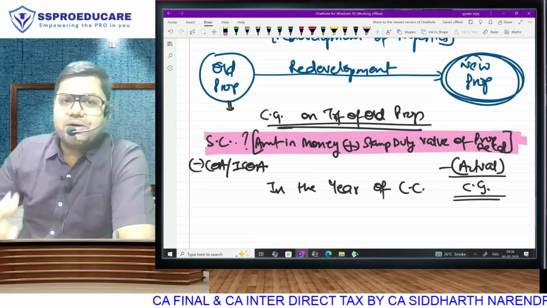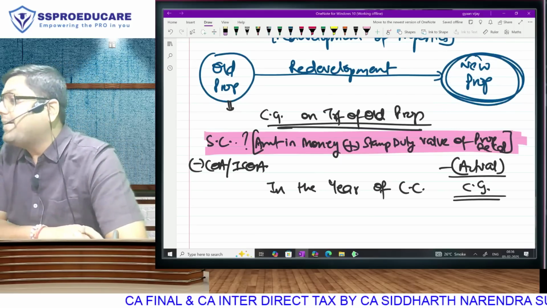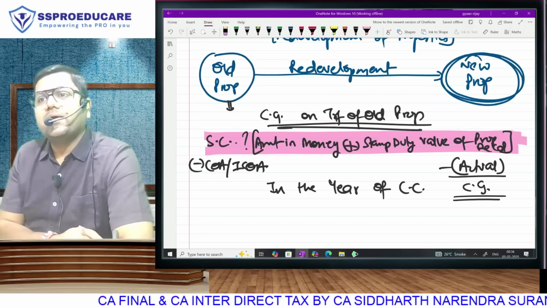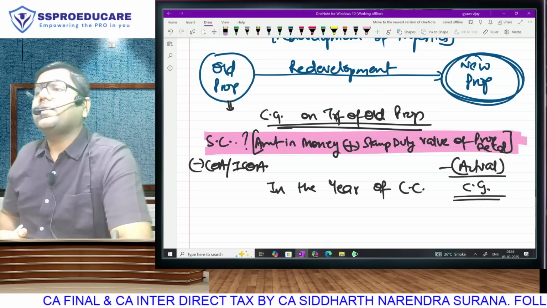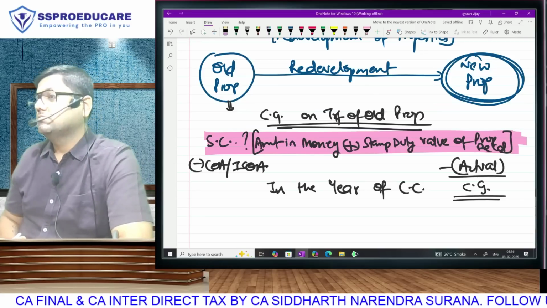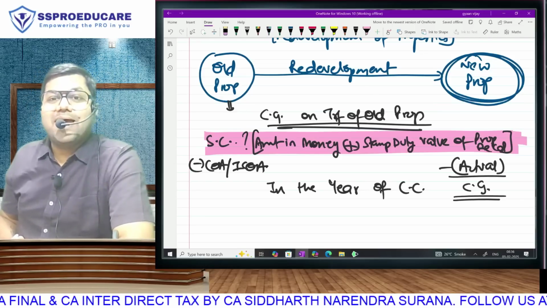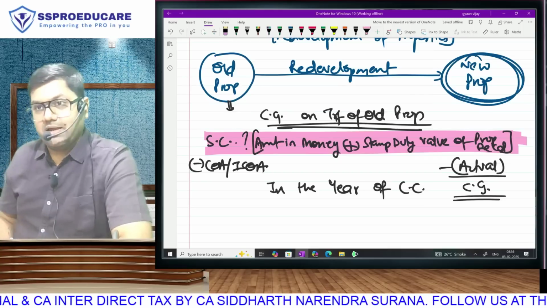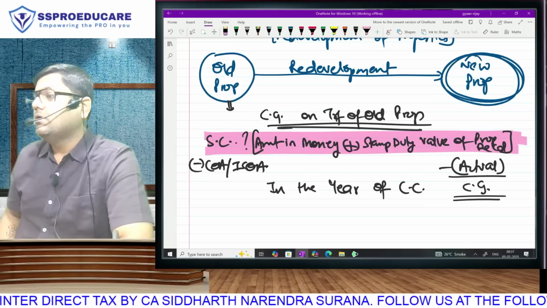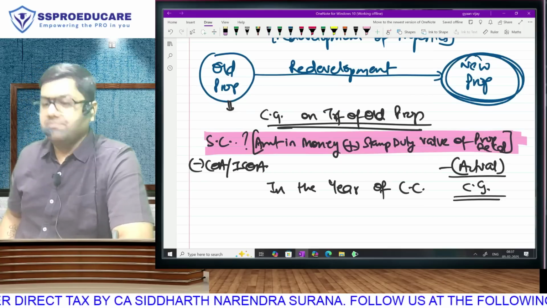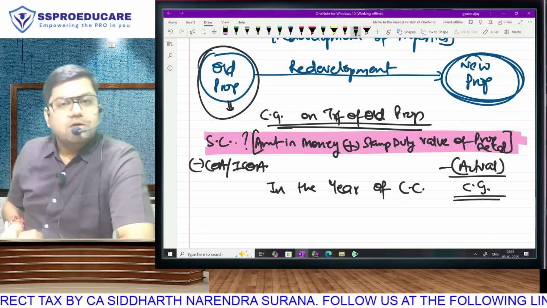But when is the new property assumed to be ready? When the property gets CC. Everyone is clear? So, you have to pay tax on stamp duty value plus monetary compensation minus your cost of acquisition, in the year of receiving the completion certificate. Means, when you give your property, you don't have to pay tax.